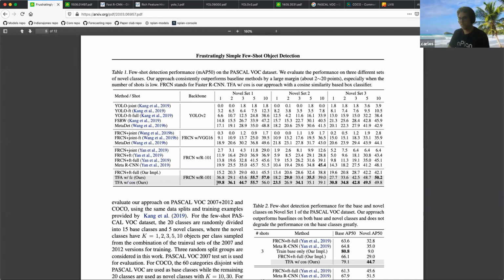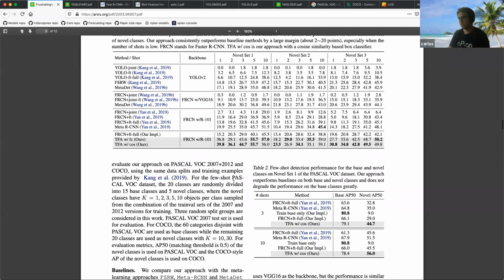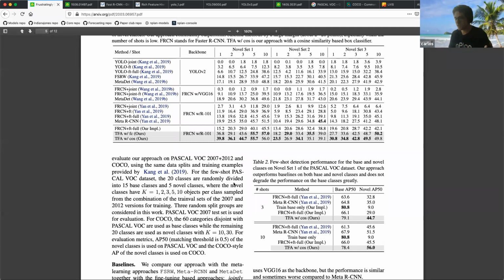But this is very interesting. I guess it makes sense that cosine similarity will work with few examples because rare classes are going to look similar in different bounding boxes. So this cosine similarity, to me, makes sense. But it is a very interesting improvement over all these state-of-the-art methods, which basically don't work on rare data sets.